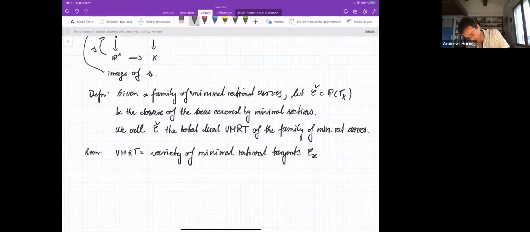Well, let's do it just at one point. You fix a point, and now you look at this complete family of deformations passing through the point, and you look at all the tangent directions given by these deformations. So this defines a variety, and this has been studied a lot in the theory of Hwang and Mok, which is an extremely powerful tool to use rational curves to understand Fano manifolds. The VMRT plays a very important role in this theory of Hwang and Mok.